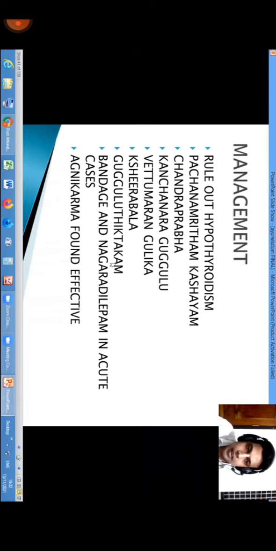Then bandage and Nagaradi Lepam in acute cases. If the case is acute, use bandage with Murugana or Dhanyamla Thaila and or Nagaradi Lepa or Karatavat application. This is found very useful. And Agnikarma is found effective. Only do Agnikarma in chronic cases, not in acute cases. Here we can see 9-point Agnikarma.